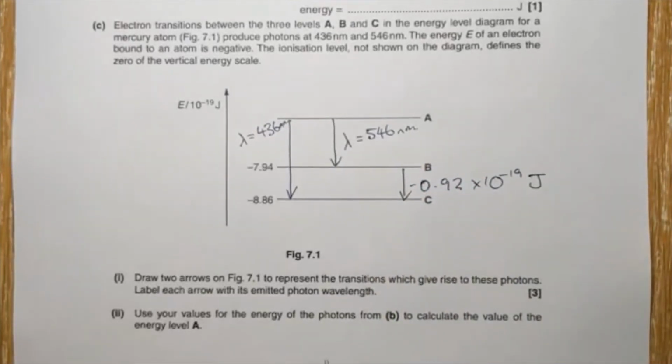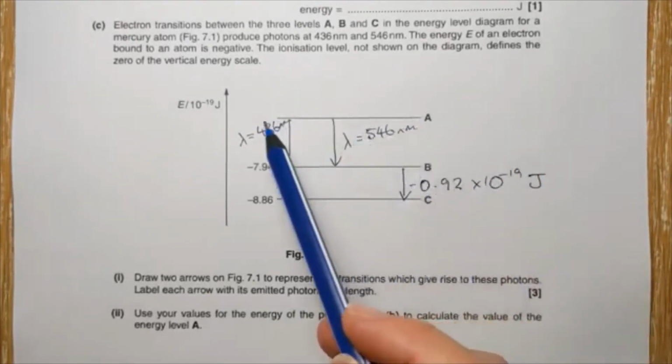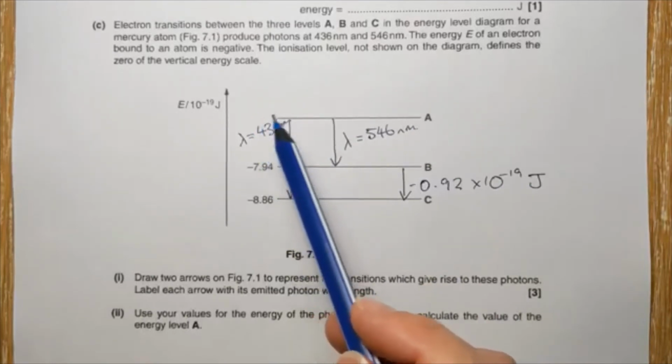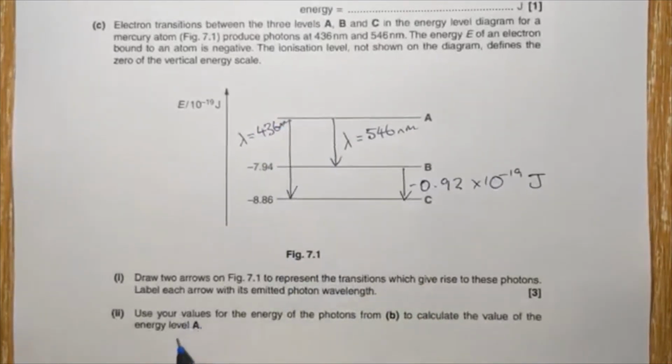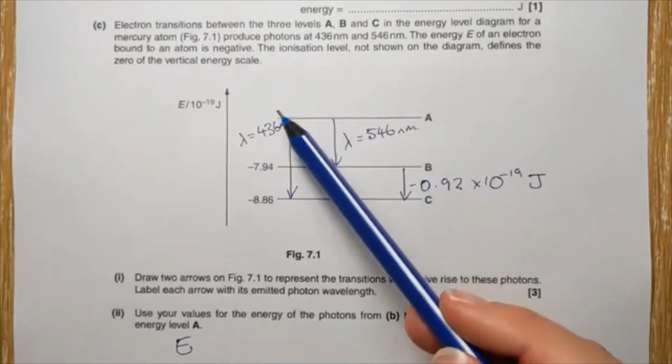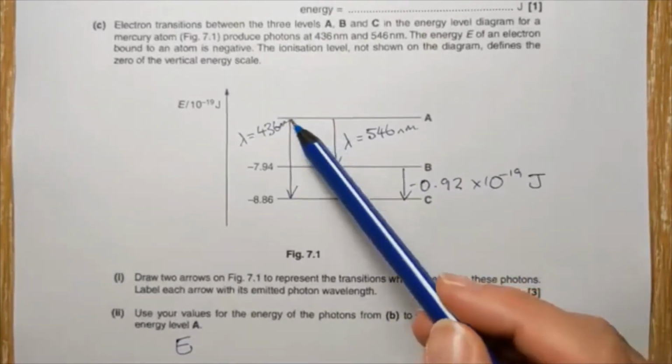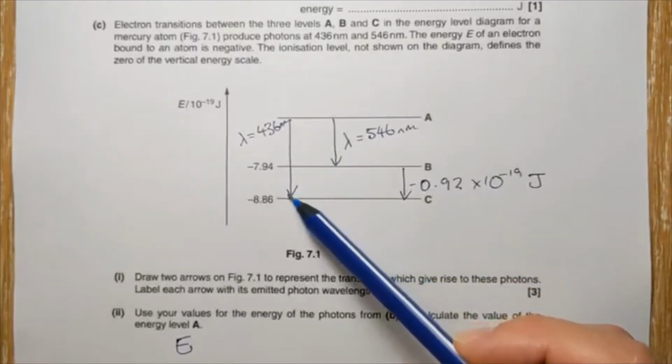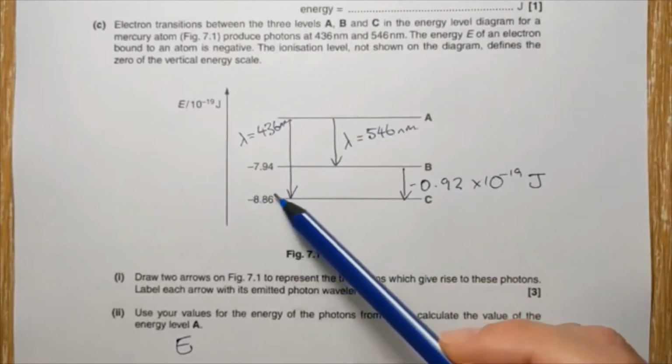Okay, and then lastly, we want to know what value goes there, what's the energy of that level. So let's just call it E. And so we know that whatever that energy is, if you take away the energy that is taken away by that photon, you'll get to that.